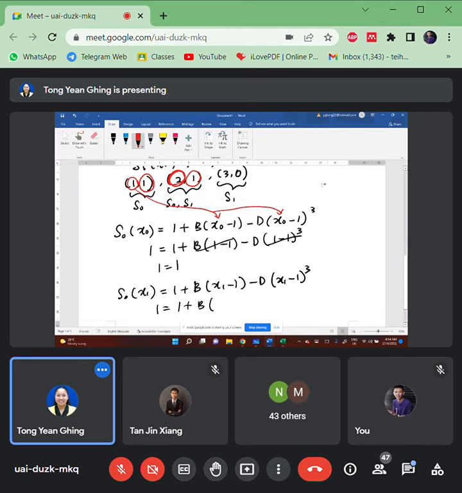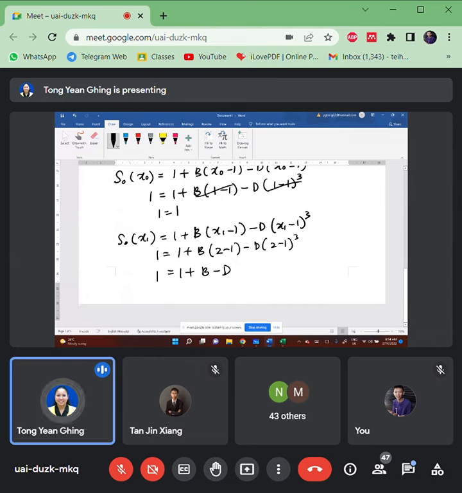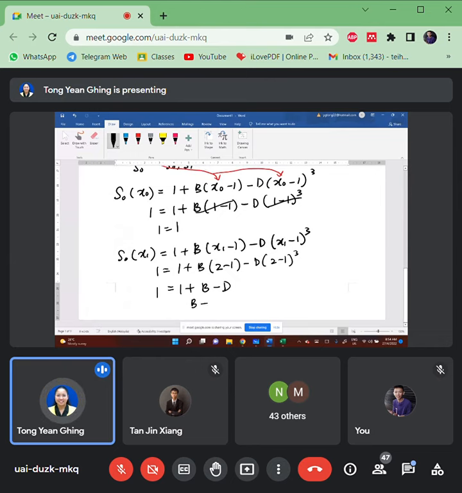So this one is 2 minus 1 D 2 minus 1 power of 3. So here we already have 1 plus 2 minus 1, 1 B, minus 2 minus 1, 1 power of 3, 1 times D. Okay, so now we have B minus D equal to 0.